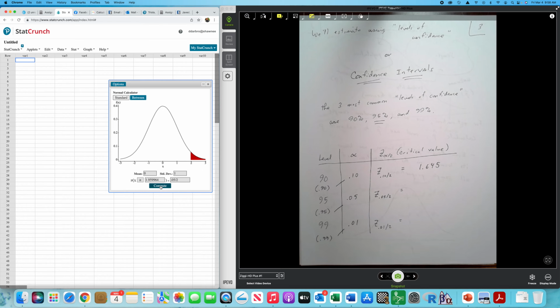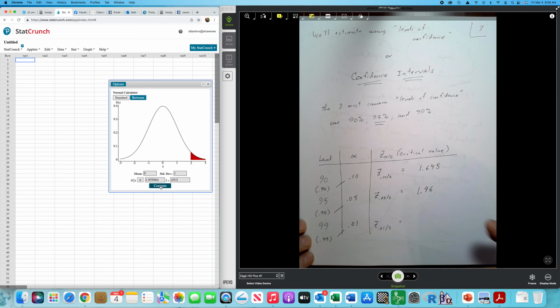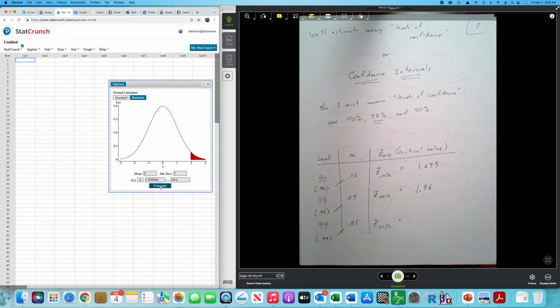So we get 1.96. Now I have these memorized, but it's not about me. It's about you. I want you to make sure that you understand this. The 99 is the Z for 0.01 divided by 2. So we get 2.58.